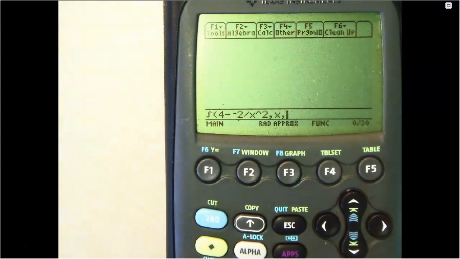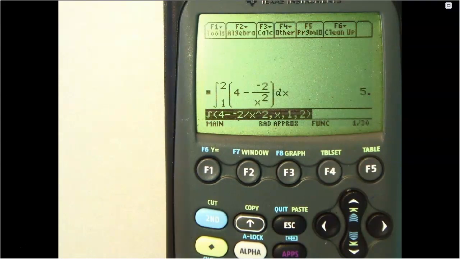You tell the calculator which variable, and then you tell the calculator comma 1, comma 2, because that gives you the left and right boundaries. And I get 5. You guys get 5? I got 5.